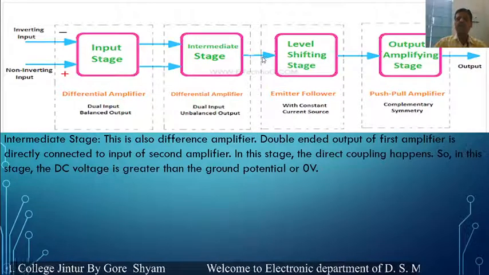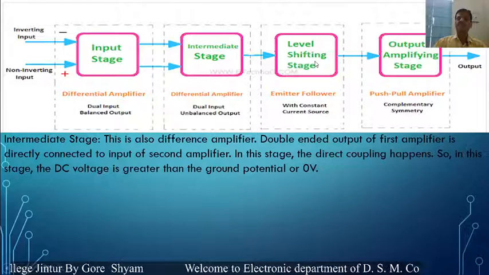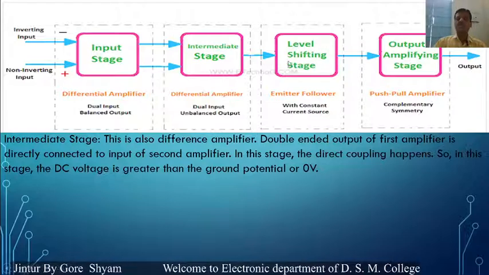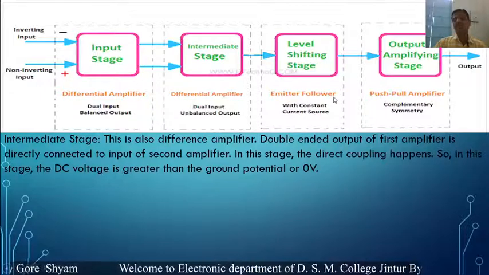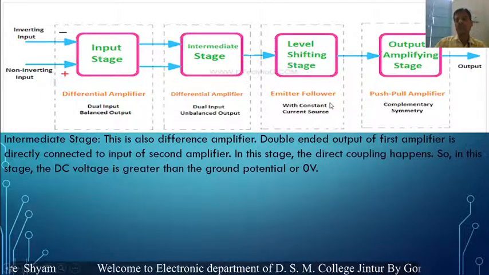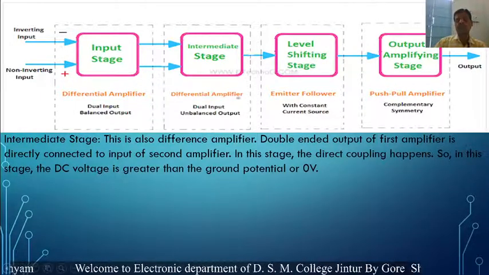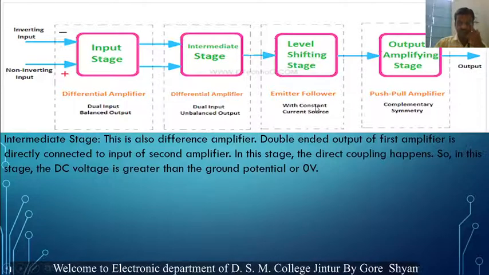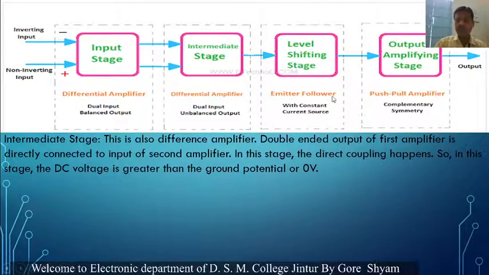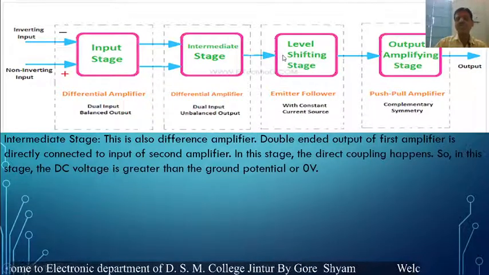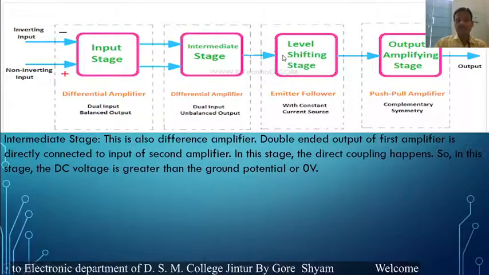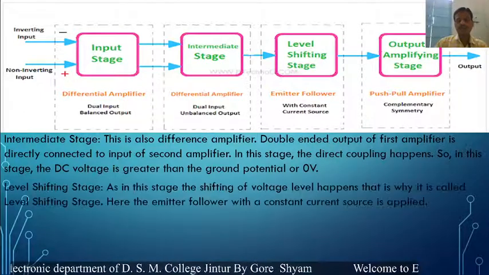Therefore the third stage is the level shifter, and here the level shifter has an emitter follower with a constant current source. The emitter follower means the common collector amplifier, and the gain of the emitter follower is unity, or the gain is 1.